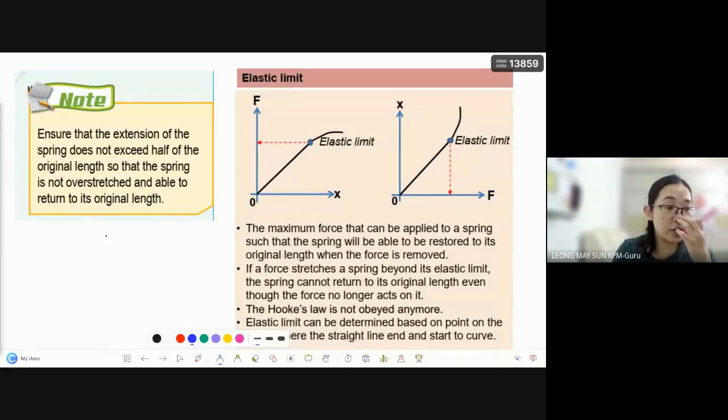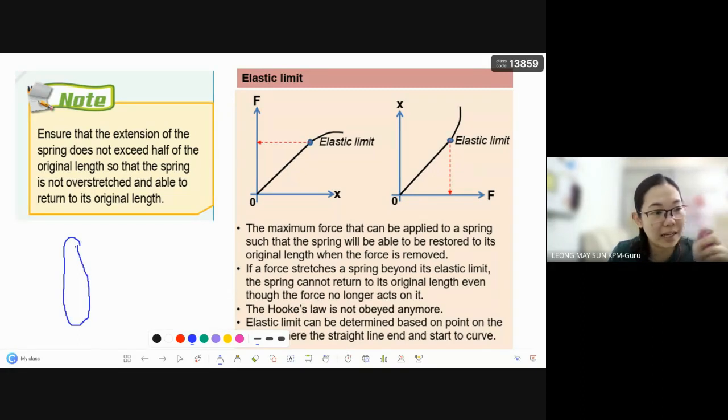And I just noticed one thing. Last year I did this with your seniors, whereby instead of using the spring, I actually gave them elastic bands. You know those rubber bands that are very, very long, the white color type. I actually gave them that to use for the experiment. And when we carried out the experiment, we all noticed that it wasn't a straight line.